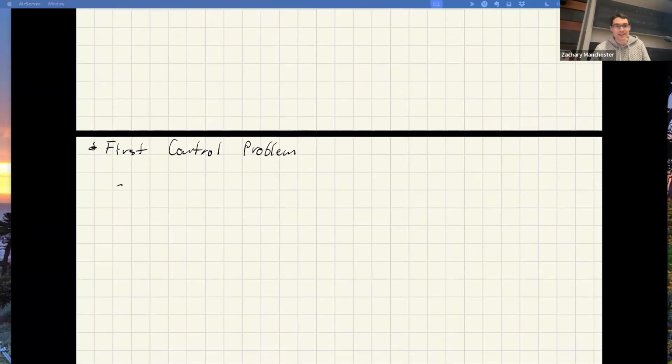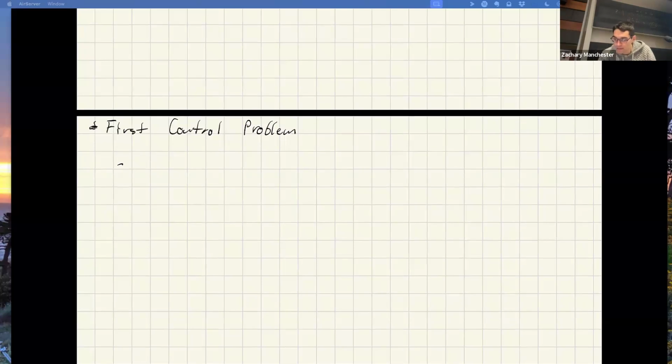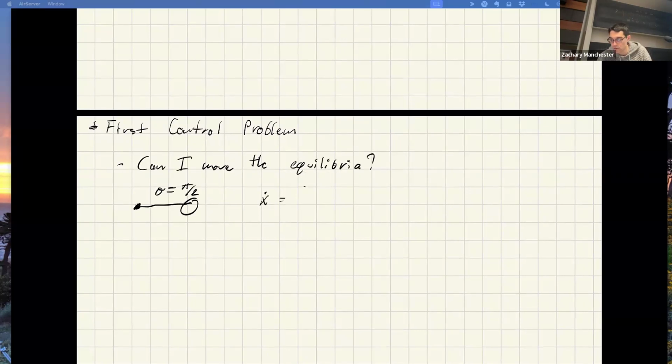So let's try that. Let's say, for example, I want to make an equilibrium at pi over 2. Let's try it. So this would mean I can plug in theta equals pi over 2.